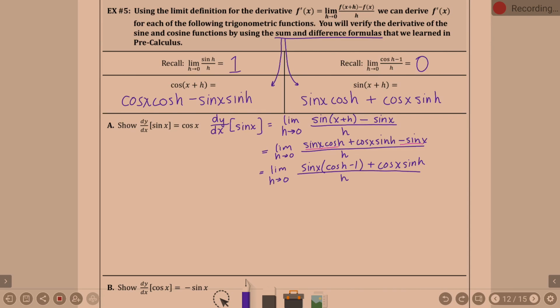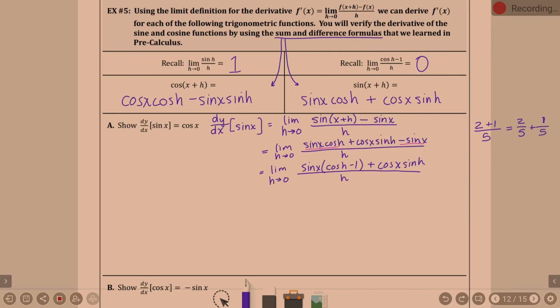And so what we can do is take this and split it into two fractions, the idea that 2 plus 1 over 5 is the same as saying 2/5 plus 1/5, yes?